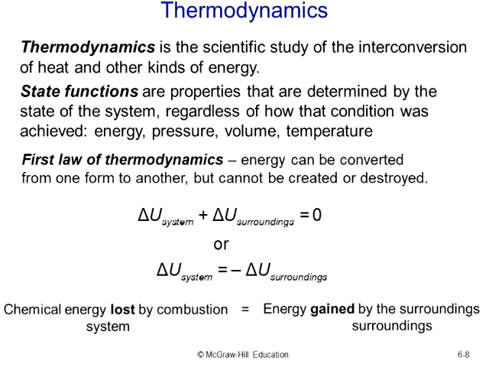If the system is positive, then the surroundings must be negative. They must balance out. What's released to the surroundings must match what enters the surroundings. So there must be balance. Chemical energy lost by combustion, for example, from the system must equal the chemical energy gained by the surroundings. That is what the laws of thermodynamics dictate.